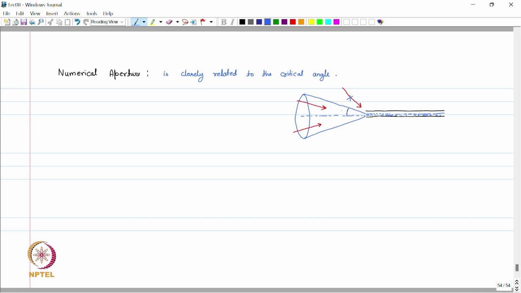This angle, let us say theta, this is the angle of acceptance. This is twice the angle given by the numerical aperture.